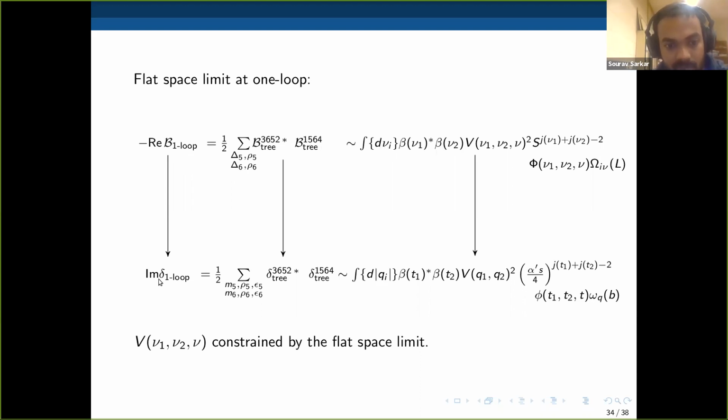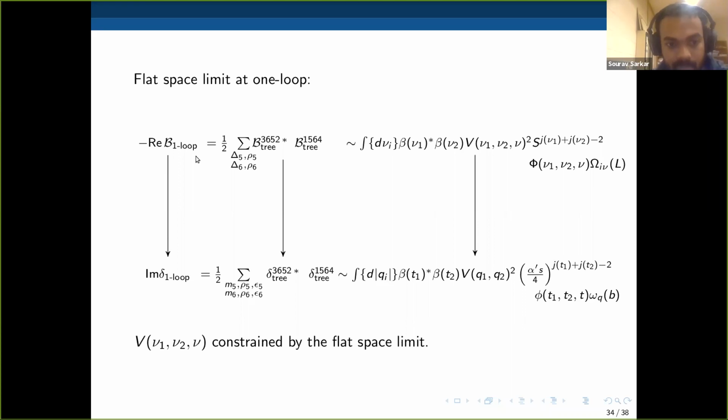And correspondingly in flat space, this is again the flat space optical theorem. Earlier I had shown integrals over q, but if we do the angular integrals, it can be written in this form.